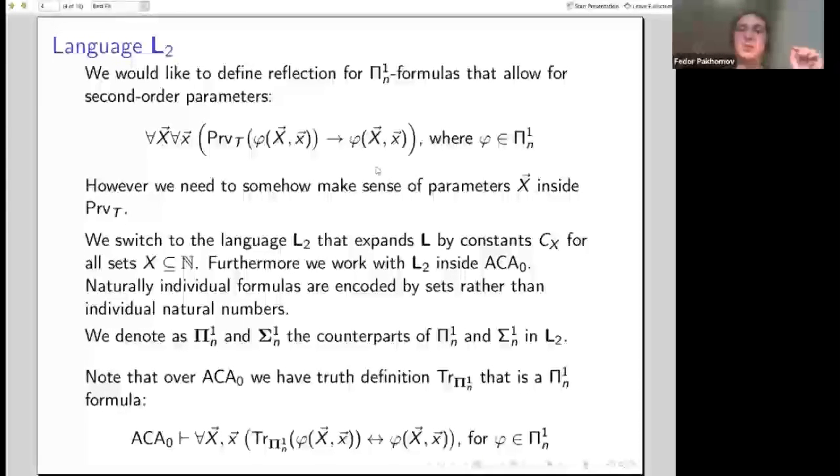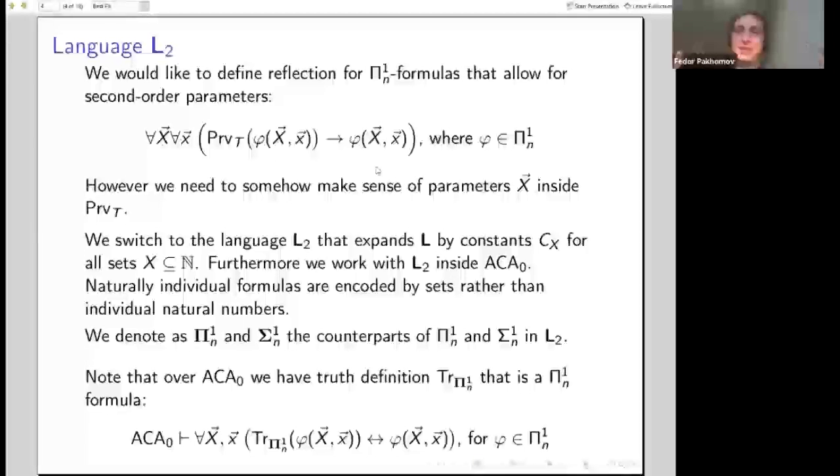So we need to make some adjustments. We still want reflections to take second order parameters into account, but we need to put some additional work into this. Namely, we will get around this issue by considering a language, boldface L2, that extends the usual language of second order arithmetic by constants for each individual set.